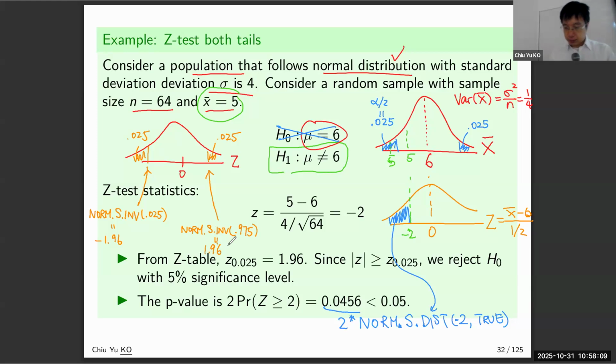Okay? And you will see the negative 2 is slightly beyond here. Okay? So that means it is also in the rejection region, so you reject. So either you use this or this one, you have the same conclusion.